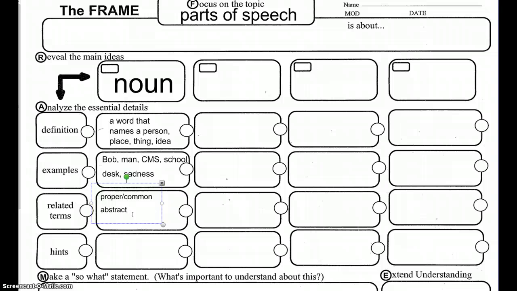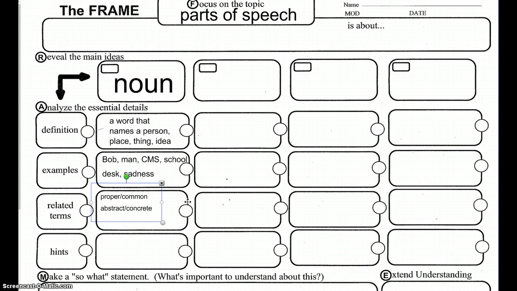So it's abstract. It's a concept that not everybody can necessarily agree with. So we compare abstract. The opposite of that then would be concrete. And so we could all agree that Bob is Bob if he was in the room. We can all agree what a man is, what Chardon Middle School is, what a school is, and what a desk is. There's no discrepancy between them.